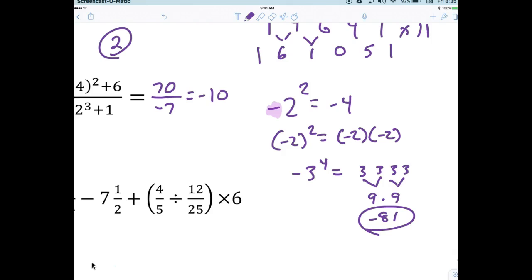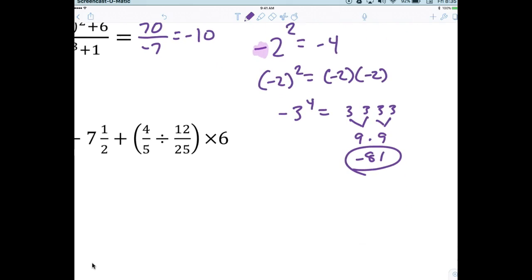Now, those are good reviews of what the negative is in front of the number. Again, if I said negative 3 to the 4th power, of course, that would now be what? Positive 81, because it would be negative times a negative times a negative times a negative.